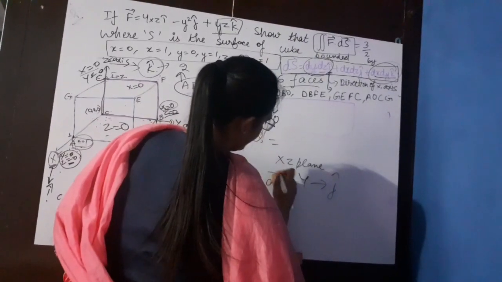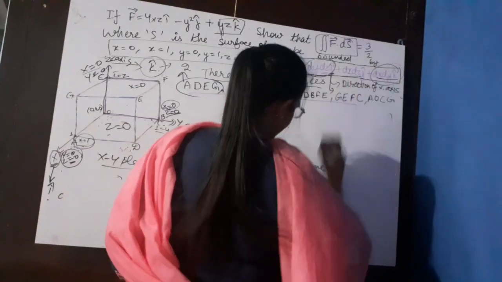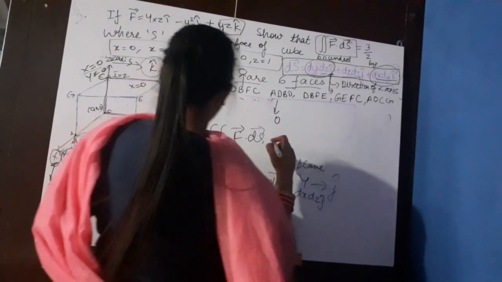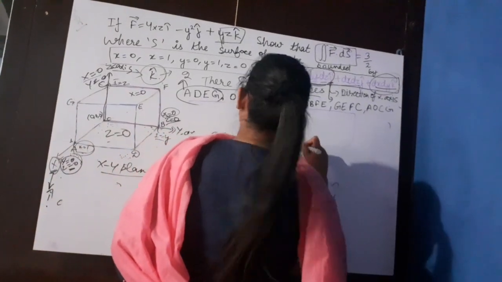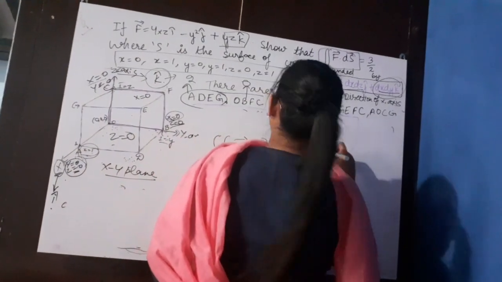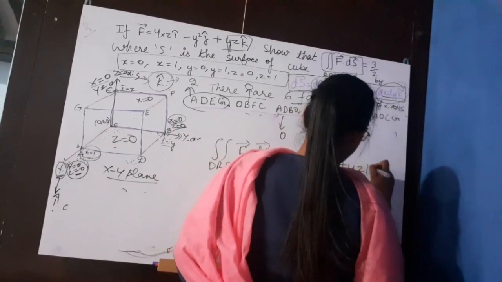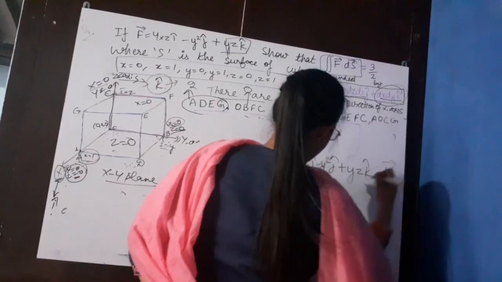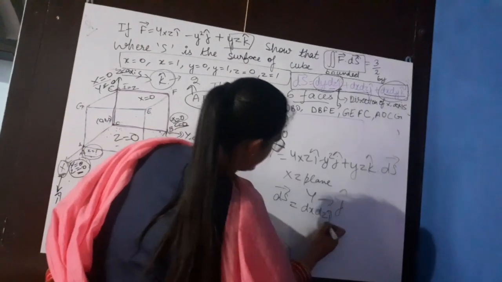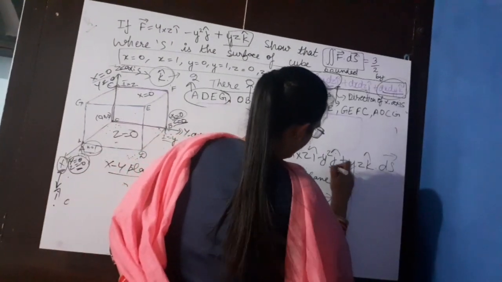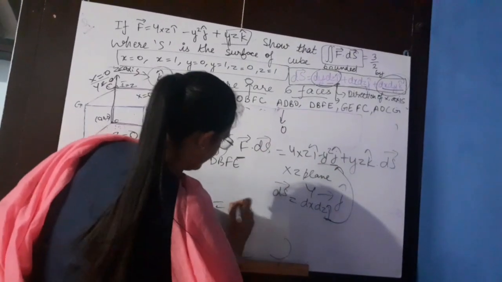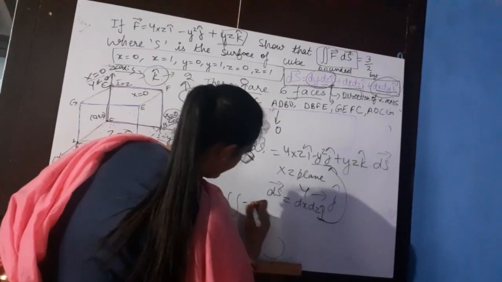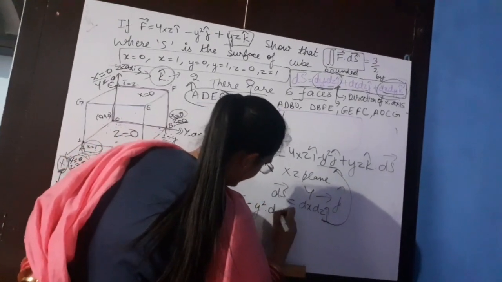So ds vector is equal to dx dz j cap. F is 4xz i cap minus y square j cap plus yz k cap. When we take the dot product with ds, as we have j cap, j dot j is equal to 1. So we get the integral over DBFE of minus y square dx dz.